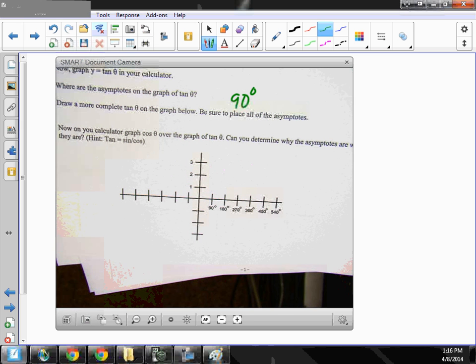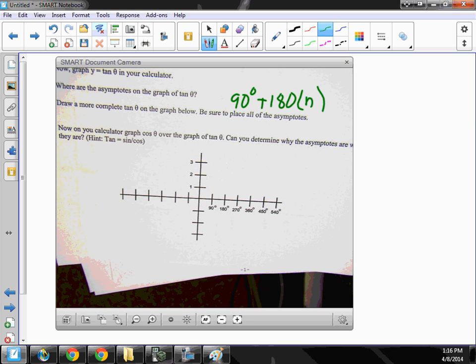So I can say all of the asymptotes are represented by 90 plus 180 times n, as long as n is, well, it could be 0, could be 1, could be -1, as long as n is an element of the integer set.